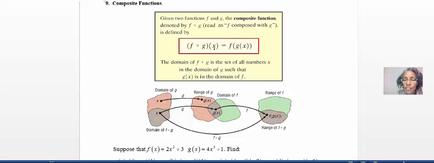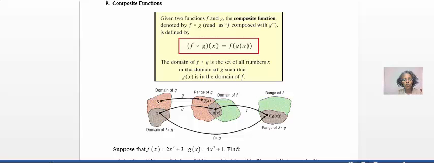It's another way you can read it. You can say f of g of x. This does not mean multiplication. It means that I'm going to make g of x the input of f of x. So this is the set of all numbers x in the domain of g, such that g of x is in the domain of f.